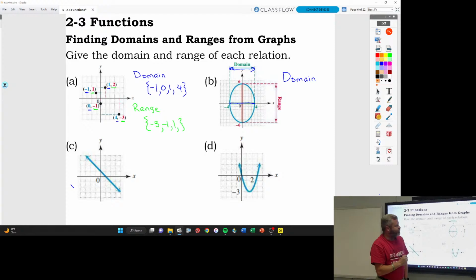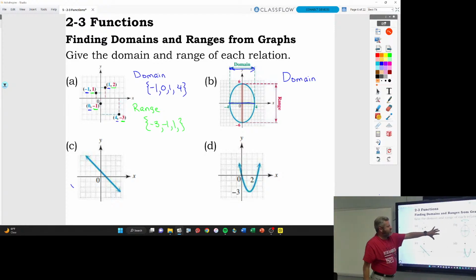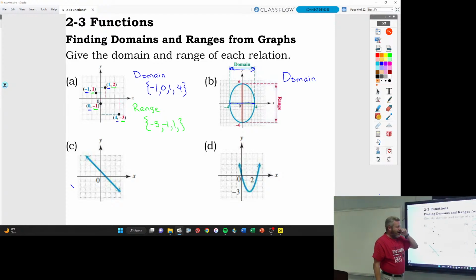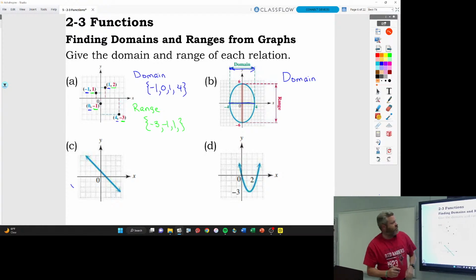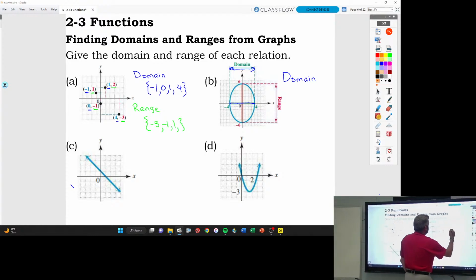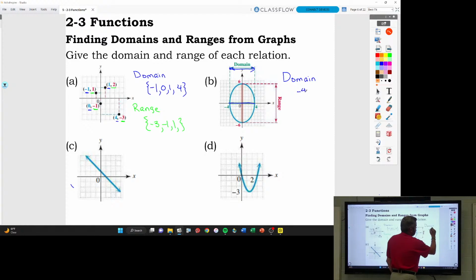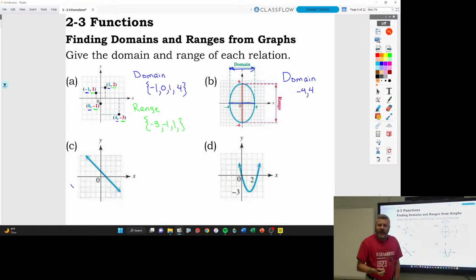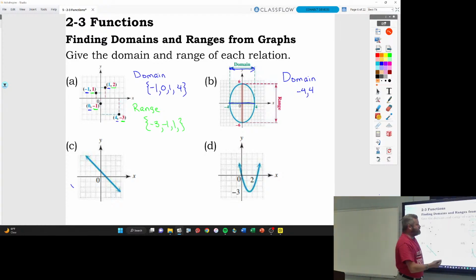So the domain, we're not going to write it in this notation over here. Instead, we're going to write the interval. The domain includes every number from -4 to +4. Now, can it be -4? Well, absolutely.